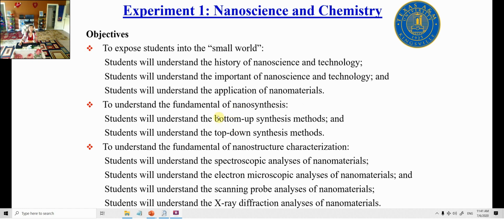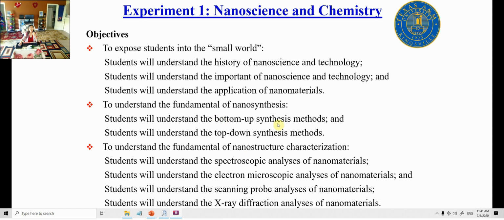Followed by, we are going to show you fundamentals about nanosynthesis and then some fundamental information related to the nano characterizations. The synthesis method essentially can be distinguished into 2 types. One we call the bottom-up synthesis.